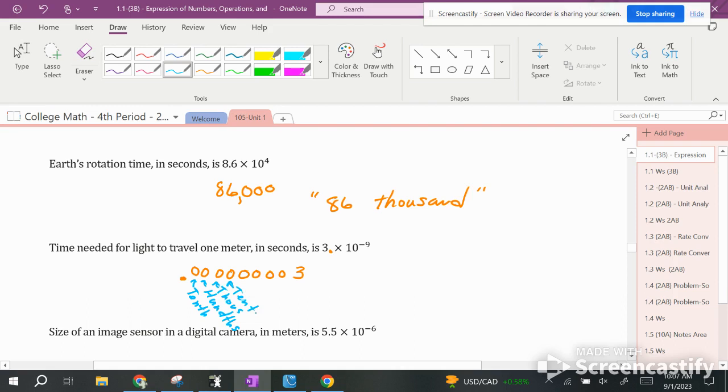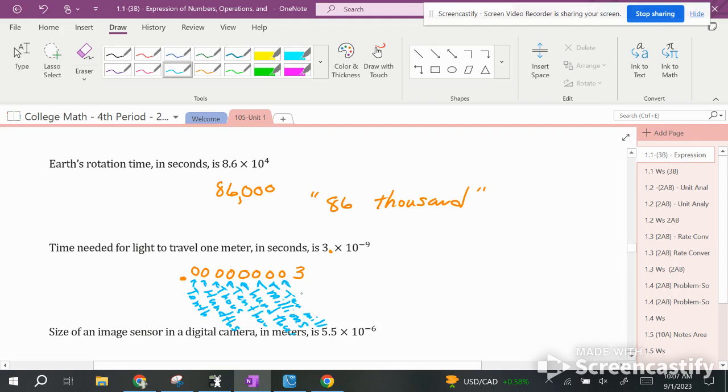What's this one? 10 thousandths. What's the next one? Hundred thousandths. And what's the next one? Millionths. Okay, what's the next one? 10 millionths.